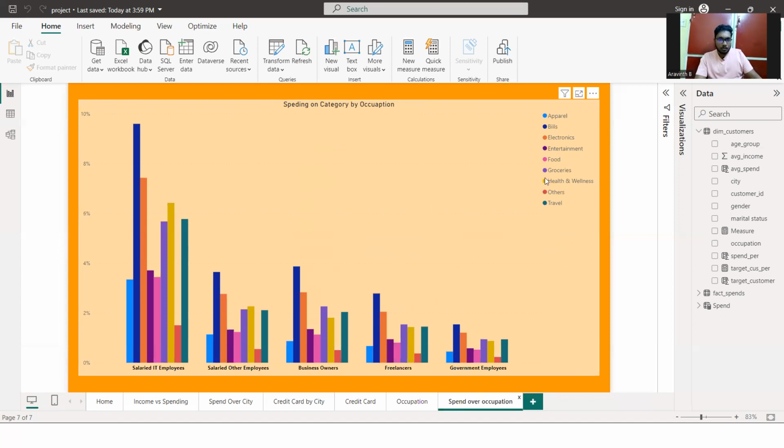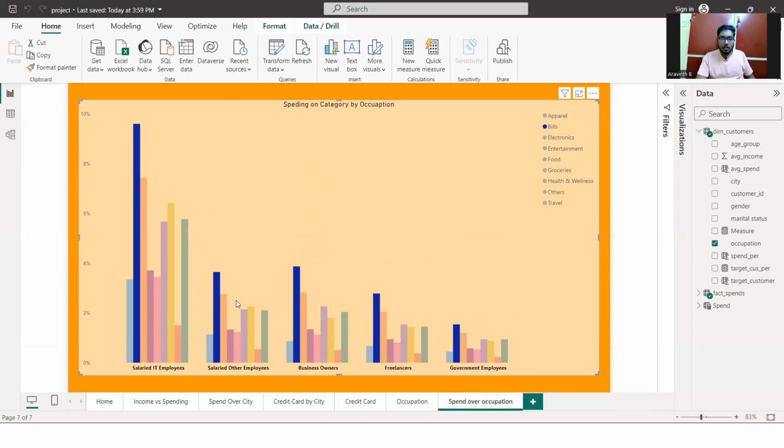On which category each group is spending, the same declining pattern is followed. Bills come first. All people, every business class and salaried people, use their credit cards most for paying bills. Next to billing, they use credit cards for electronics purchases, because credit cards have EMI offers and all these things.